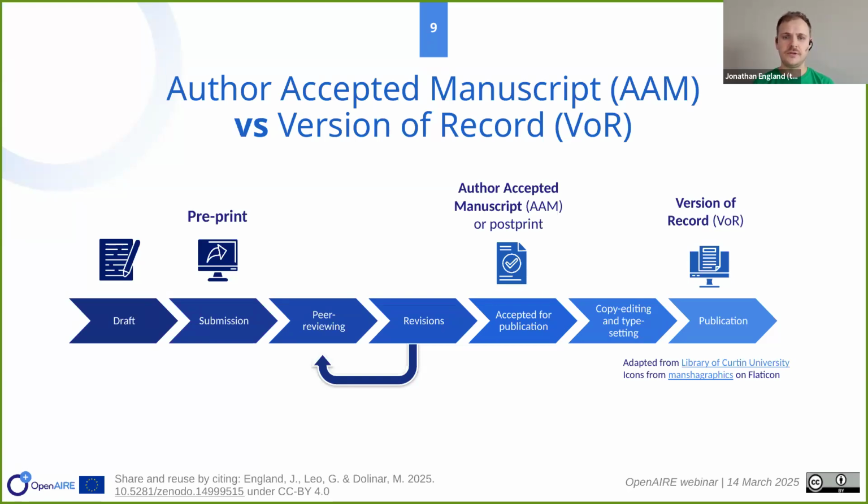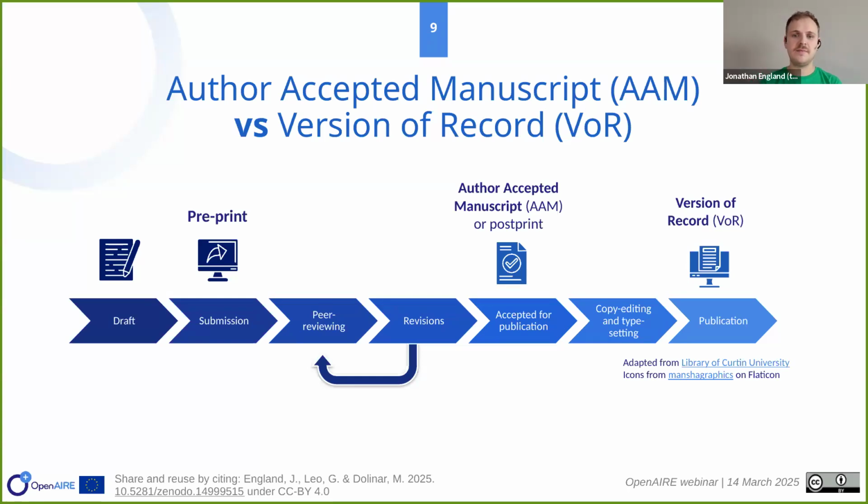Before, it was called a postprint, in case you heard about that term. Once it's been copy edited and formatted by the publisher, it becomes a version of record, which is also known as the publisher's version. For reference, this is what I like to call the ugly version and the pretty version.